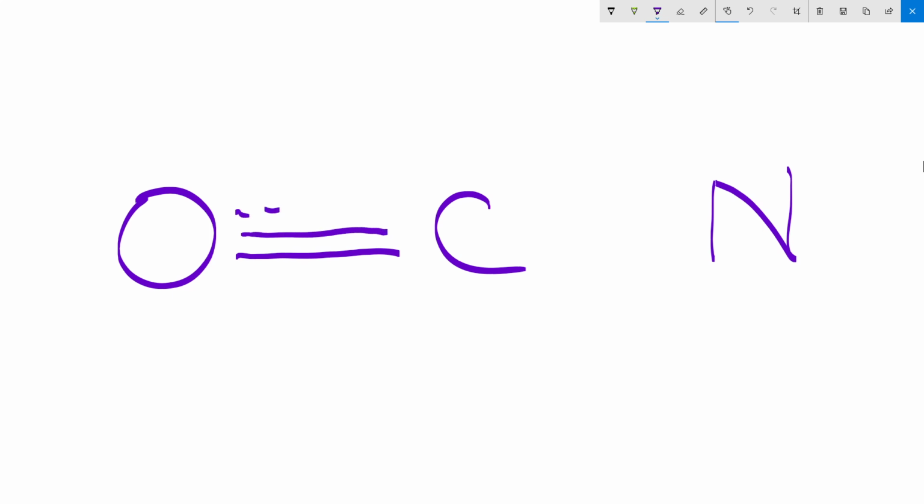Let me add the oxygen, the carbon, not cyanic acid, the cyanate. Okay, so between the oxygen and the carbon, the bond can be double or triple. ChemDraw doesn't have this kind of bond.